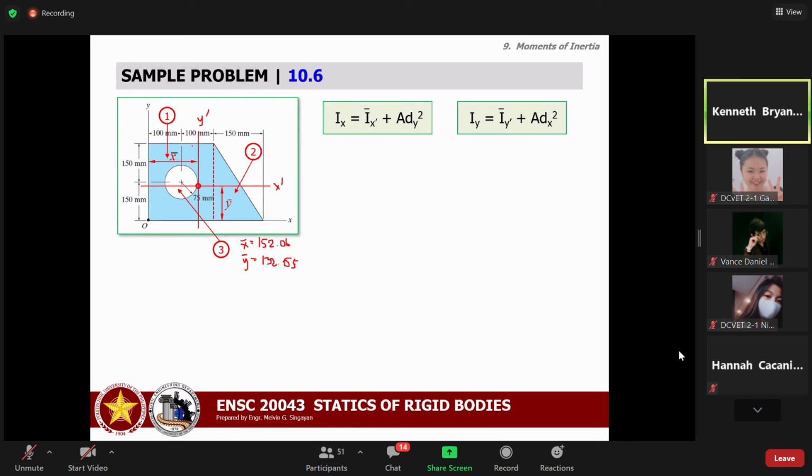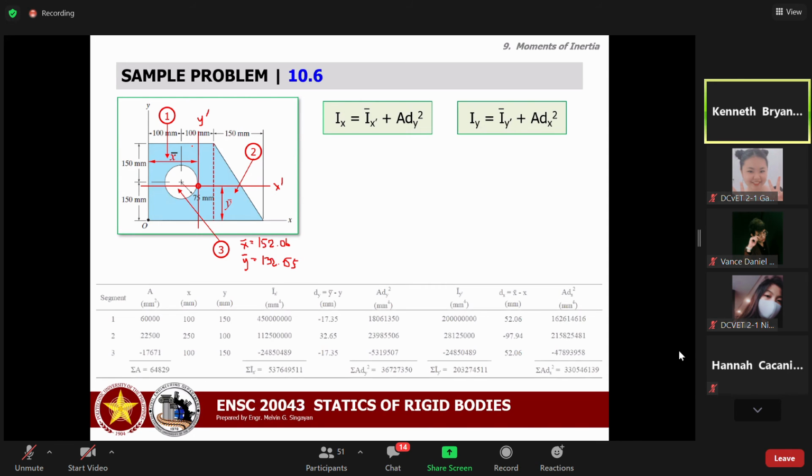It is much easier if you're going to solve this using a table. Okay, so kumbaga, you have columns for what is required to solve for the Ix. So, the table looks like this. So, you have a column for I bar x prime and column for A dy squared, column for I bar y prime and for A dx squared.